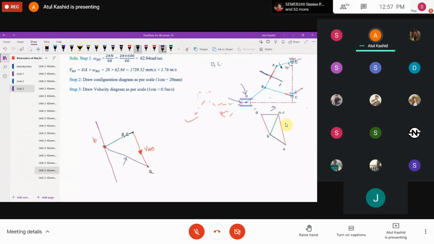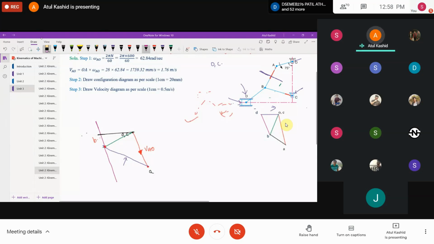I will draw one horizontal line which is passing through O comma C, and I will extend it on both sides. Now you'll see this direction is not important because we don't have anything in this direction, so I will erase that part.